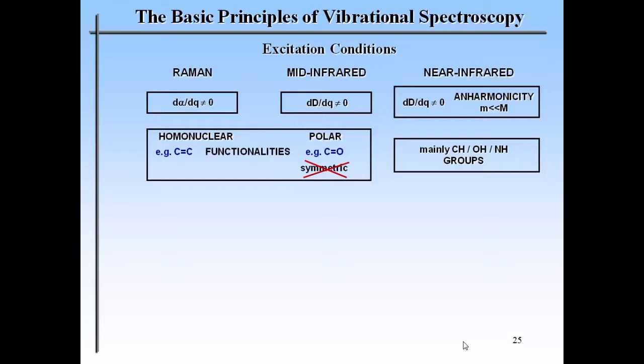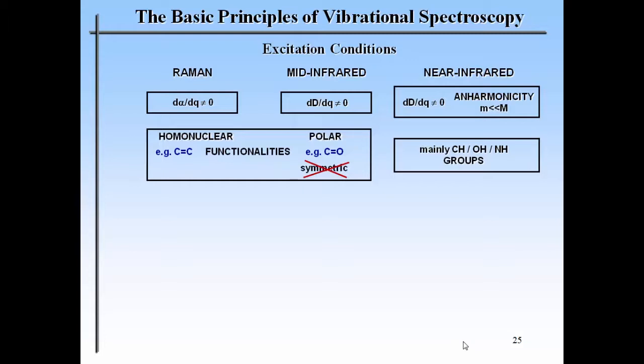So you basically focus only on a very limited number of functionalities in near-infrared: CH, OH, NH. So it's not very selective, this technique. That's what you think.